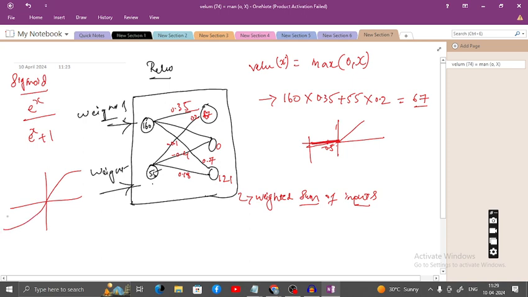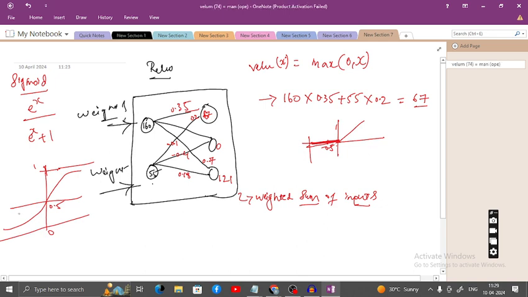Here 0 maps to 0.5, and the upper limit is 1. So the sigmoid function works like this. This is a sigmoid activation function.